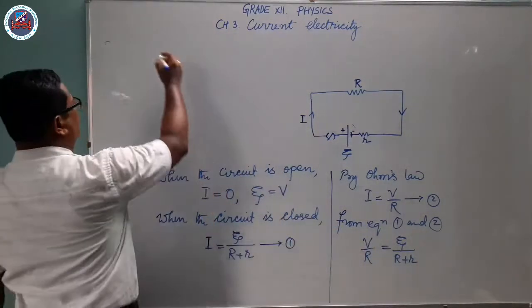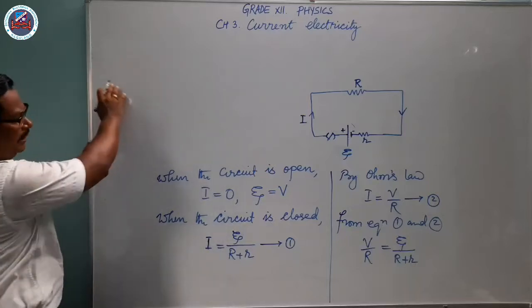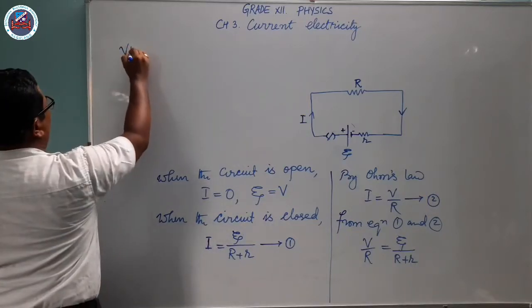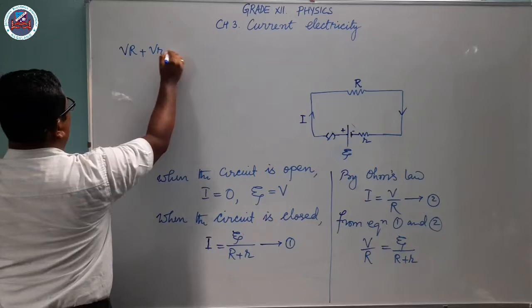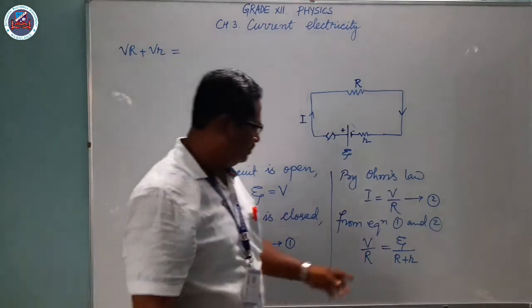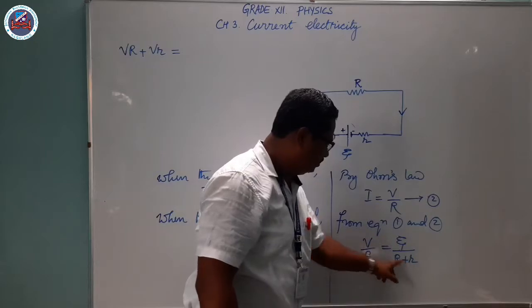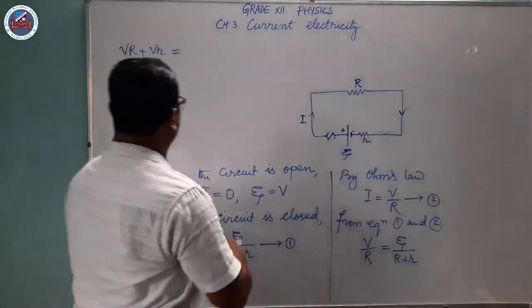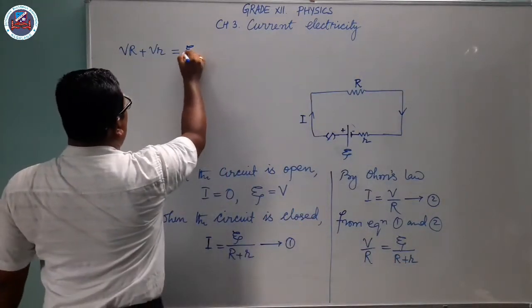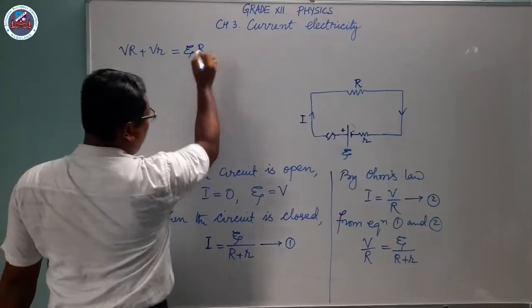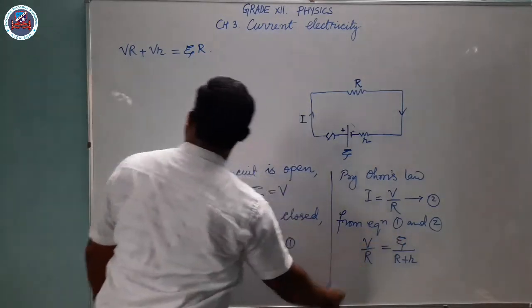Now if you cross multiply it, you will get VR plus Vr, multiplying the terminal potential difference with the external and internal resistance, is equal to epsilon r.